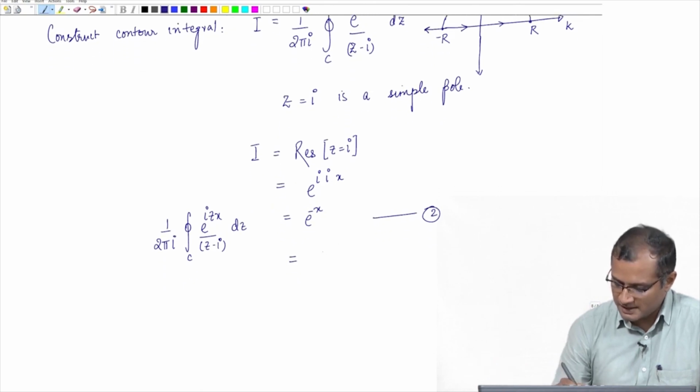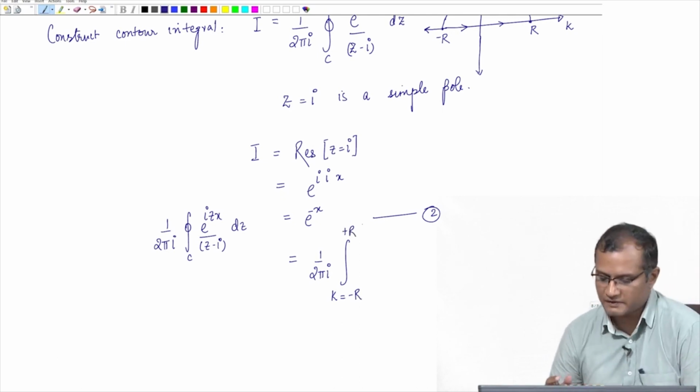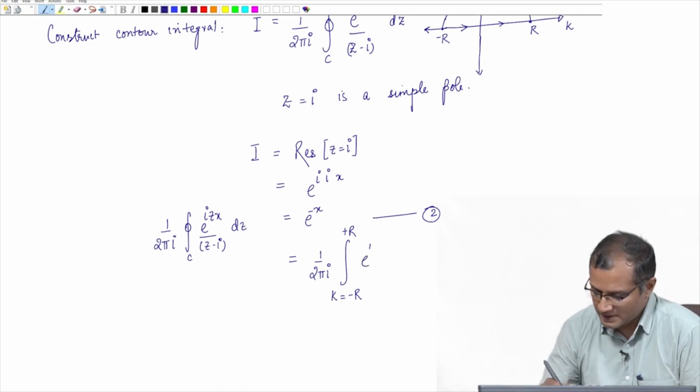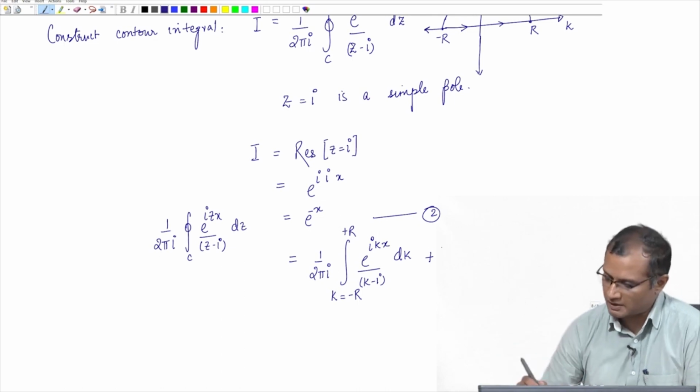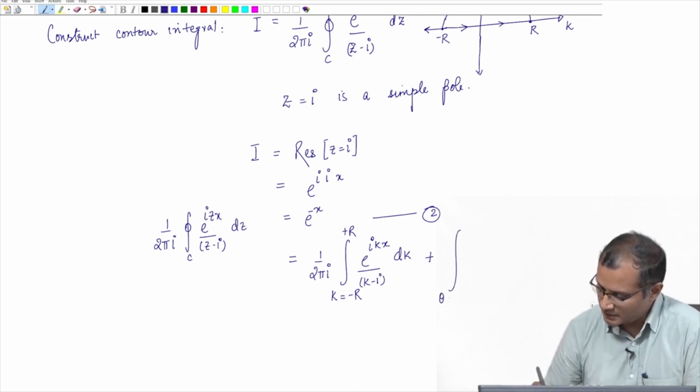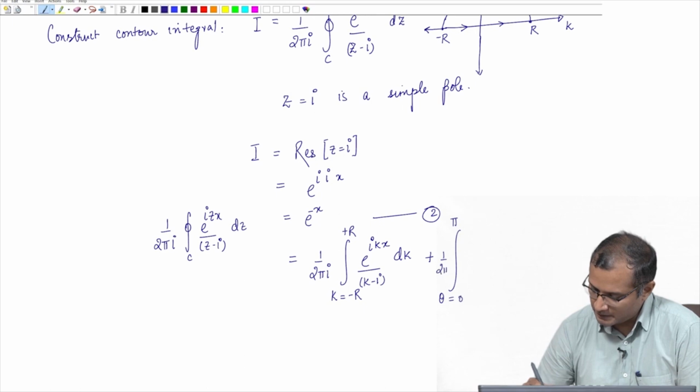So, this is basically 1 upon 2 pi i integral k going from minus R to plus R, because on the straight line horizontal axis the complex variable is simply k. So, it becomes e to the power i k x dk over k minus i, plus I need to add the semicircular part, which is theta going from 0 to pi, and I have to take a 1 upon 2 pi i outside.